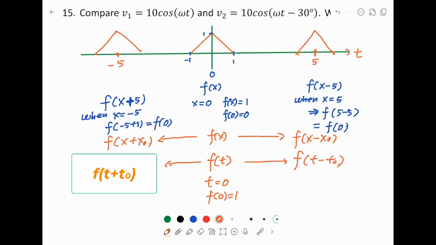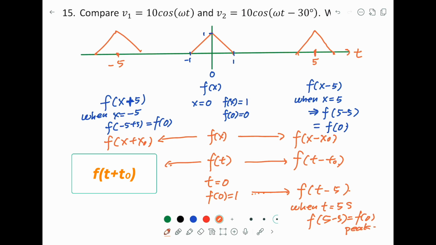Now, if you shift this function by 5 seconds, it means f(t minus 5). So when t equals 5 seconds, 5 minus 5 is f(0), so this is the peak.